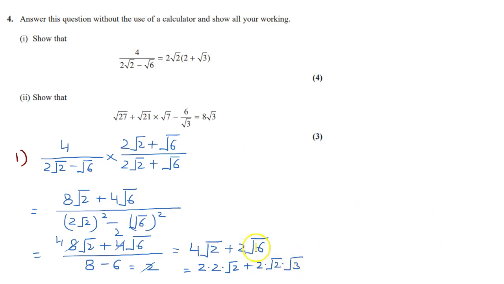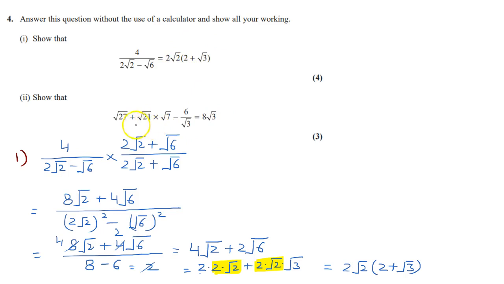Root 2 root 3 is root 6. Now 2 root 2 is common. This I am taking common, so the remaining is 2 plus root 3. That is what we are supposed to prove here.